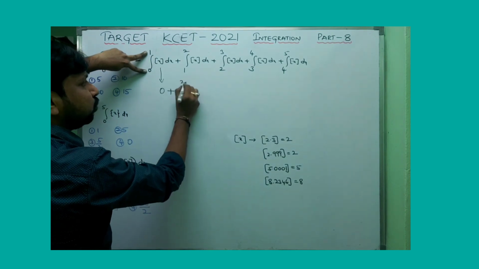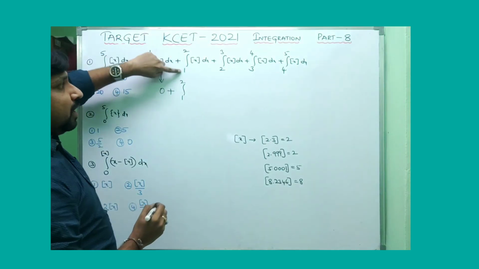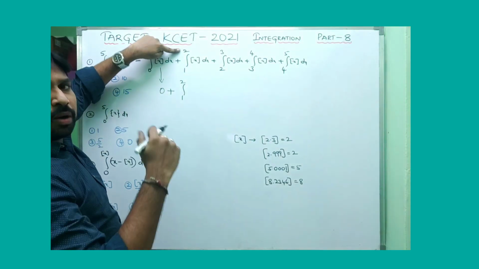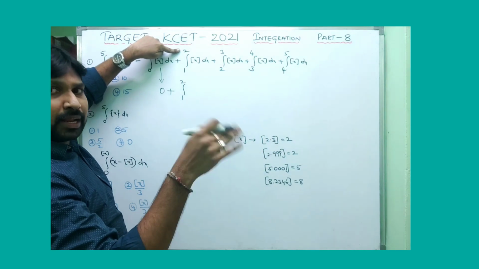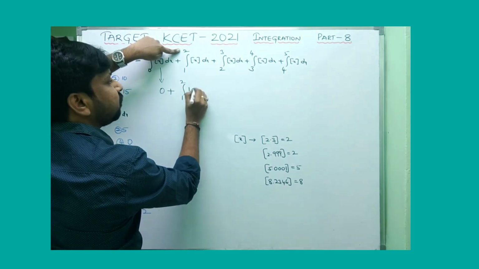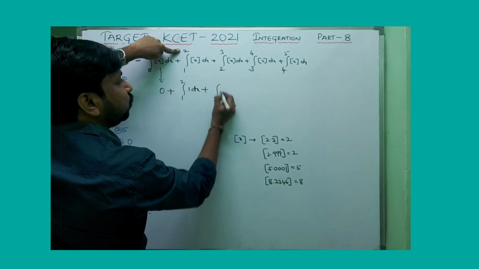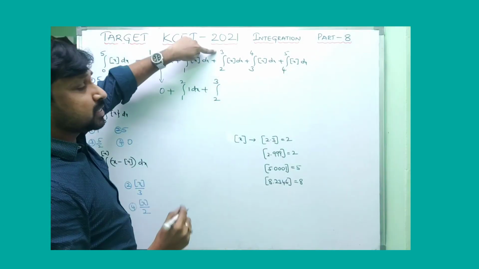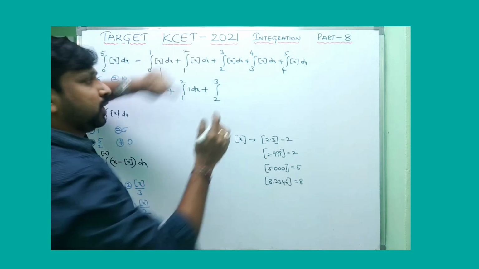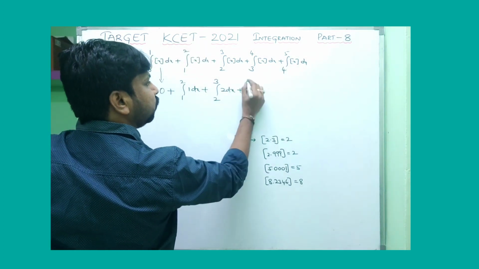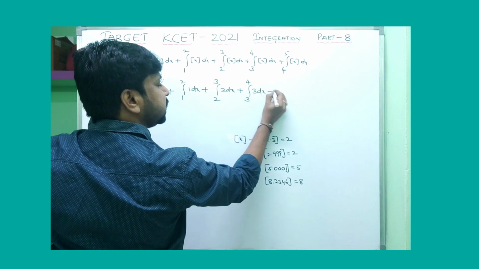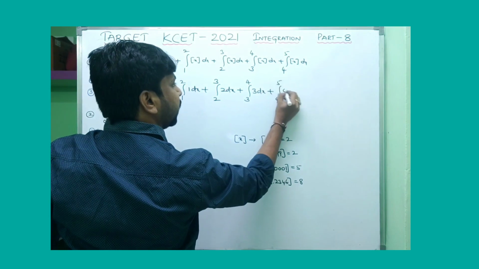Plus integral 1 to 2: whenever x is from 1 to 2, meaning 1 point something, whatever the value, bracket x gives 1 only. So this is 1 dx. Plus integral 2 to 3: 2 point something gives 2 only, so bracket x gives 2 only. Plus integral 3 to 4, 3 dx. Plus integral 4 to 5, 4 dx.